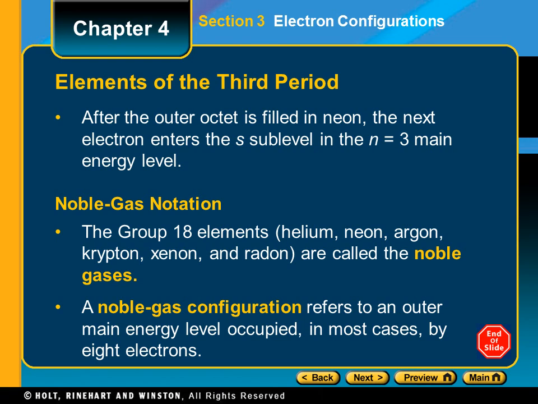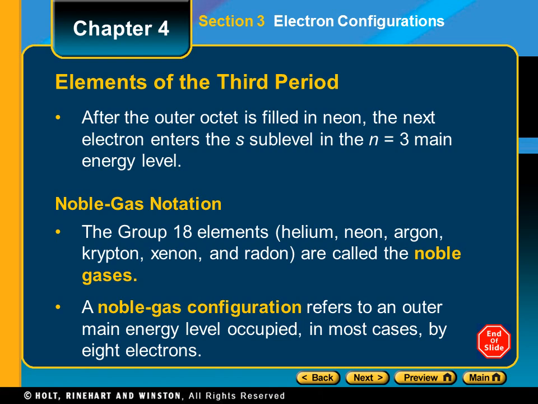The reason why these are called noble gases, they're also known as inert gases, is because their outer level is filled with 8. Okay, that's the octet rule. That's what a stable atom wants. It wants 8 in its outer shell, so to speak.